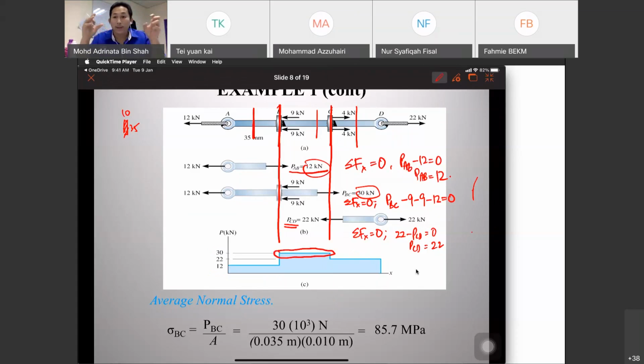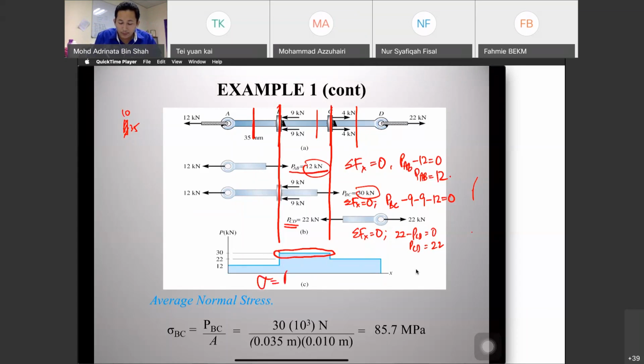The intensity in the bar is 30 kilonewton. So that is the maximum. So you need to know what happened. So kalau 30 kilonewton tu okay, part tu tak fail, then the others should be okay. So we need to know where is the maximum value of stress. Okay, so 30 kilonewton, and then kita calculate lah. Calculate sigma is equals to P over A.